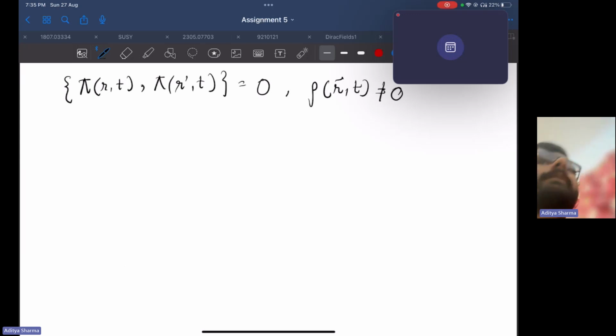So let's discuss the Euler equation now. So we'll get that the Euler equation is something like this.